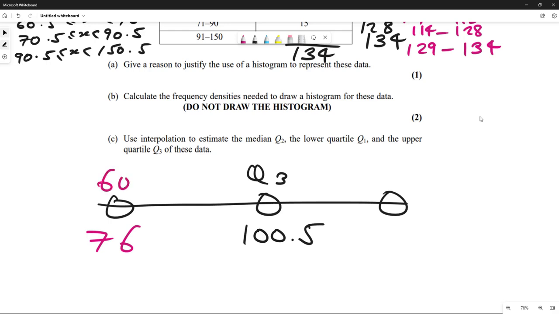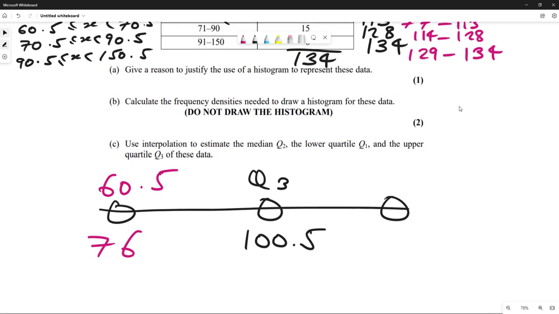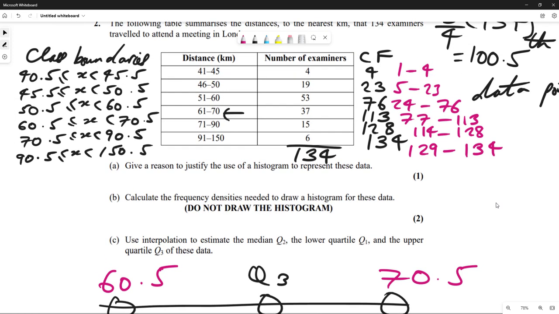So we need to write the class intervals here. 70.5. And now what we want is the sum of all values up to 70.5. So we can see in our cumulative frequency column, that's going to be 113. So let's write that down.